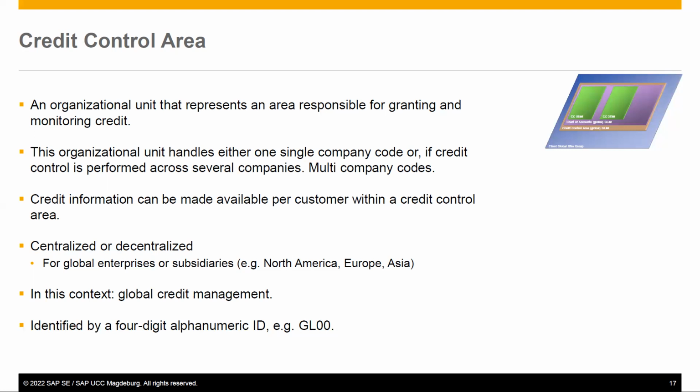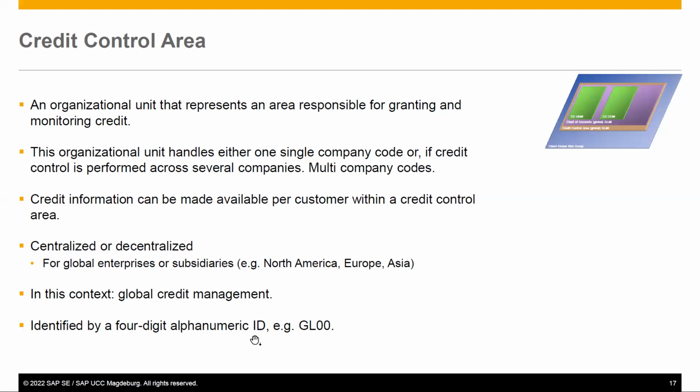If you consume 50,000, then every company can see that he has consumed 50,000 and has 50,000 credit left. This is the job of the credit control area. It is on the top of all company codes, by the way.